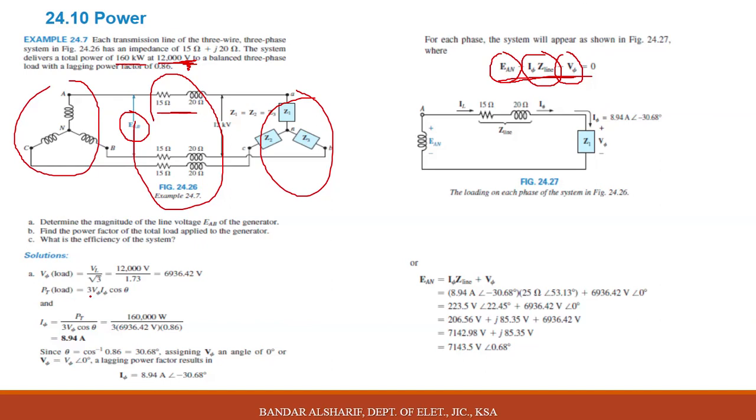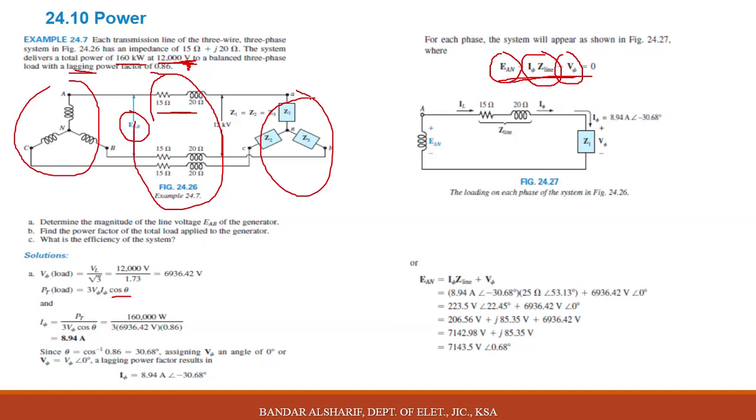The total power is 3 times V phase, I phase, cosine theta. Cosine theta is mentioned in the question, the power factor: a balanced 3-phase load with a lagging power factor of 0.86. Since he mentioned lagging power factor, for example, if I ask you what elements are connected in the load, resistor, inductor, capacitor?